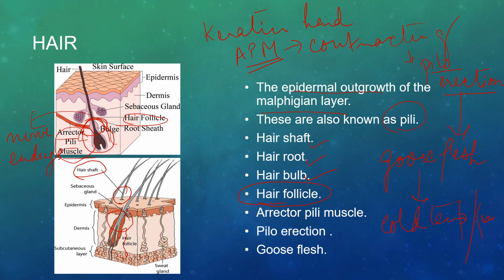If you are in a condition where you are scared too much, goose flesh or goose pimples appear throughout the body. So all the hairs become straight. You have seen that when it is too cold, you start to shiver, the hair becomes straight, and this is due to the arrector pili muscles contracting and goose flesh or piloerection happens.